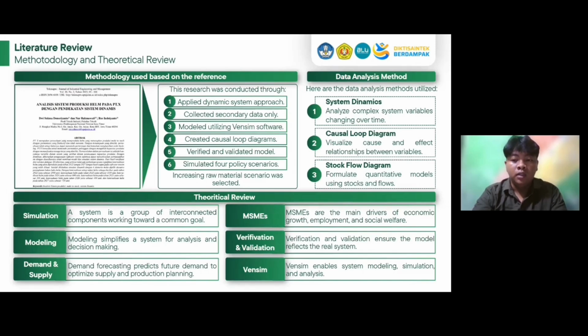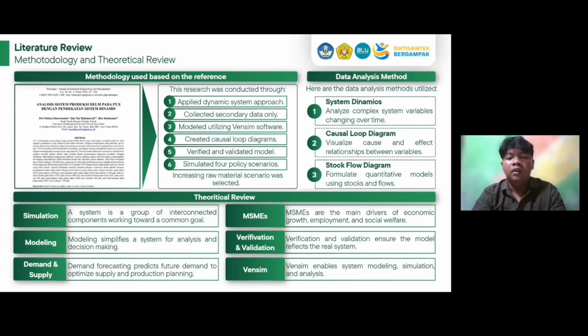For data analysis, three main tools were used. First, system dynamic was applied to analyze how inventory variables change over time. Second, the causal loop diagram was used to identify cause and effect relationships among variables. Third, the stock flow diagram was developed to quantitatively represent the inventory system.